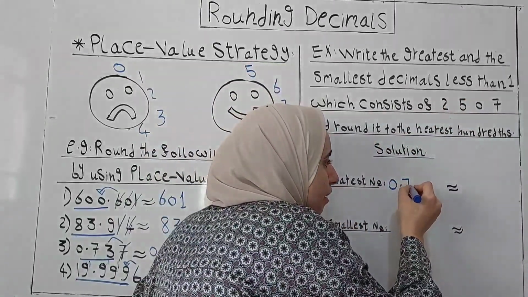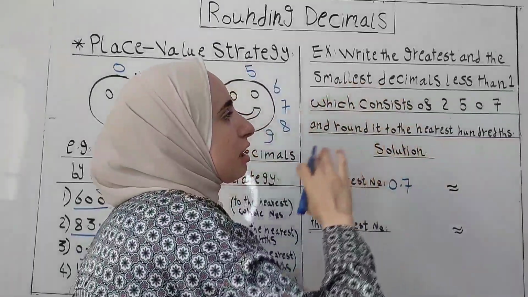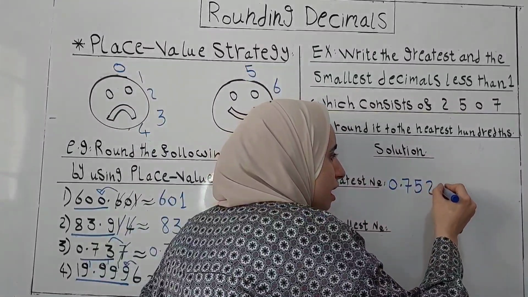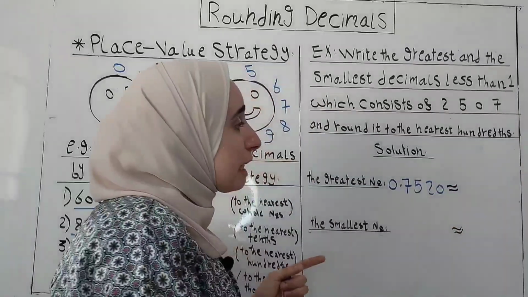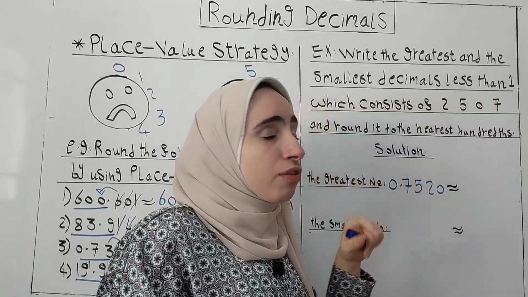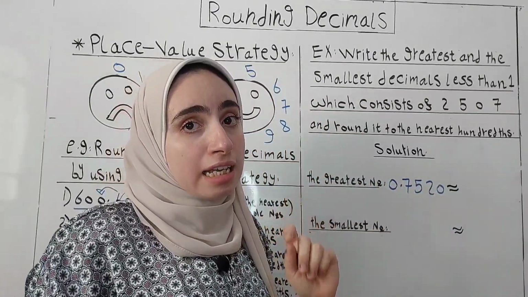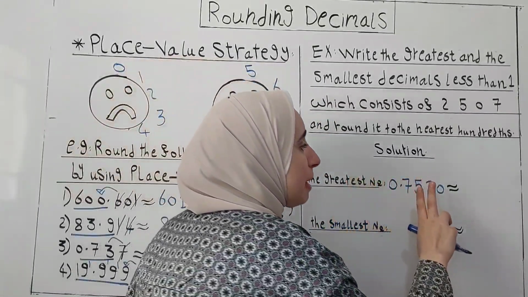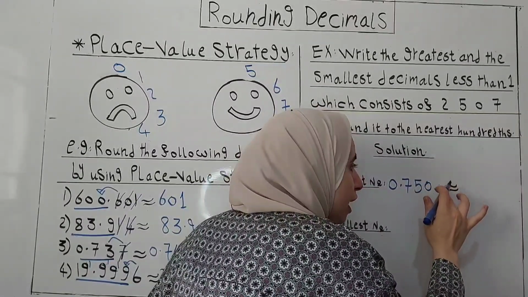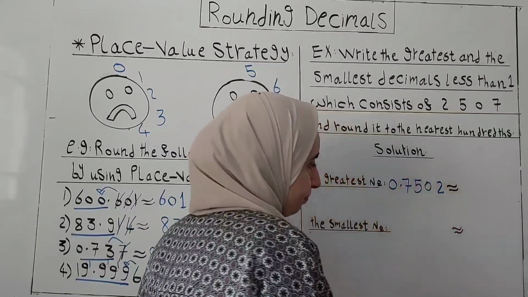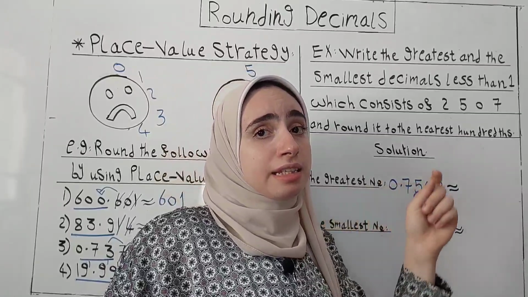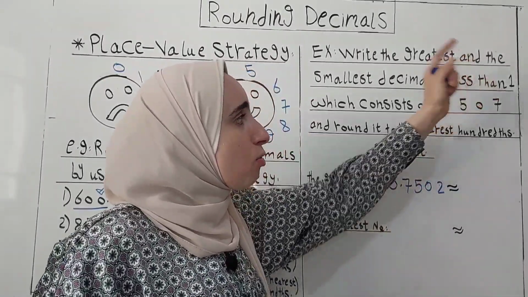So we put 7, and the next larger digit is 5, then 2, then 0. But we learned that a 0 at the right of the decimal part has no value, so we replace them. Here we put 0 and here we put 2. Now we need to write the smallest decimal number less than 1.